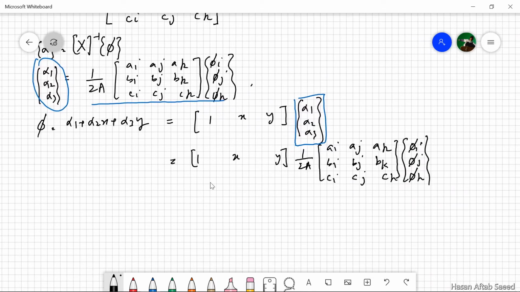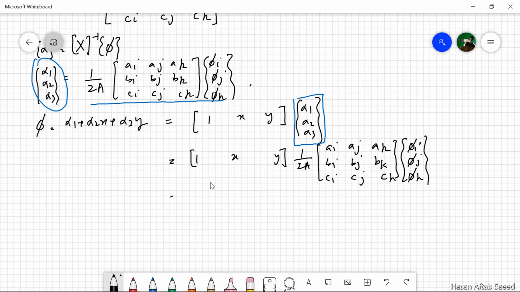Now rearranging and simplifying, 1 over 2a goes to the left, and then multiply these two matrices and we get ai plus bix plus ciy.